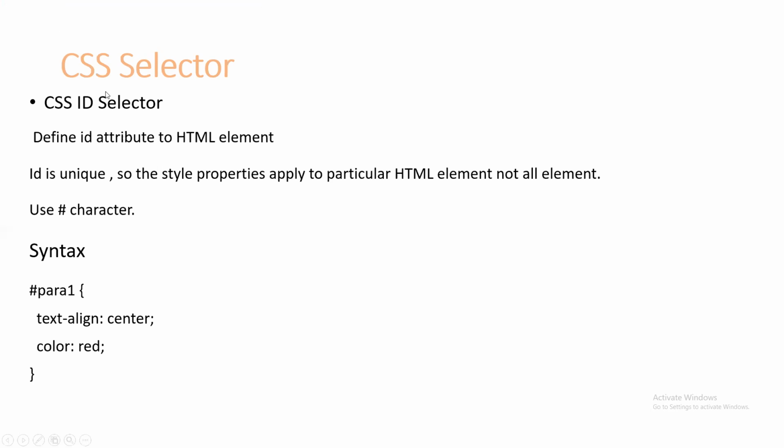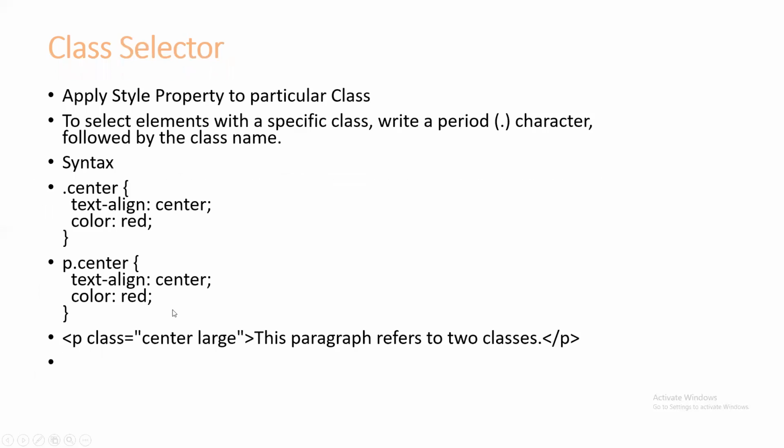First, we are going to see the ID selector. In ID, every HTML element has a unique ID that we can specify with the id attribute, and its character is hash. For example, if I set id equal to para1, I can write in the style, #para1 with text-align: center and color: red.